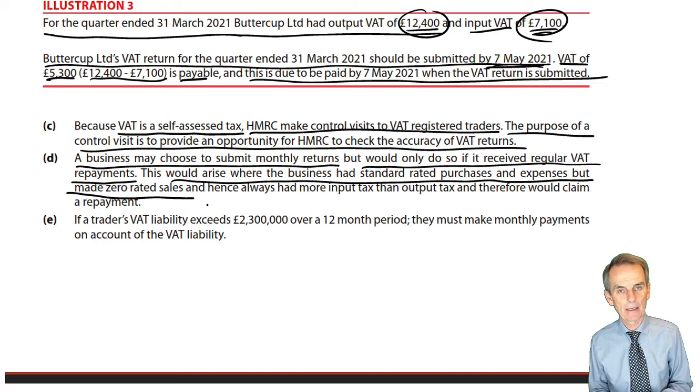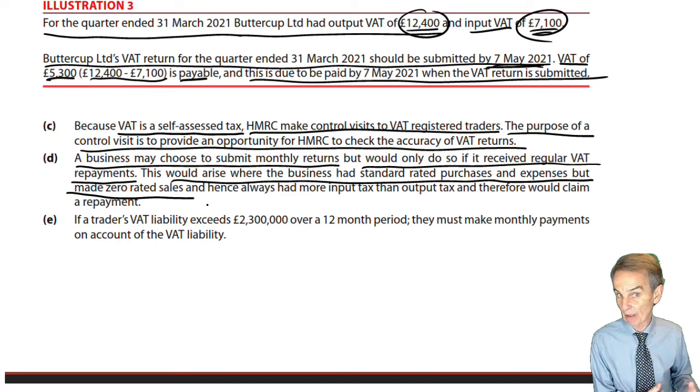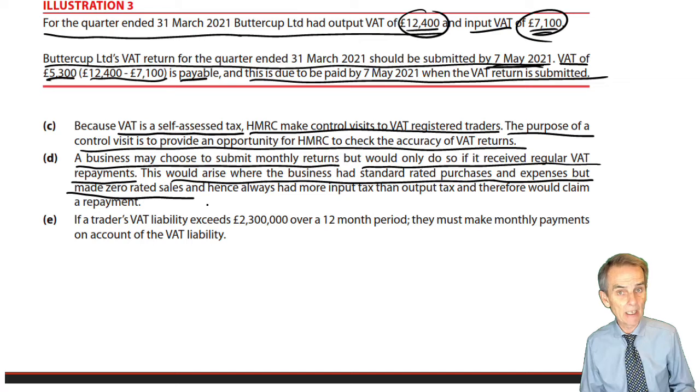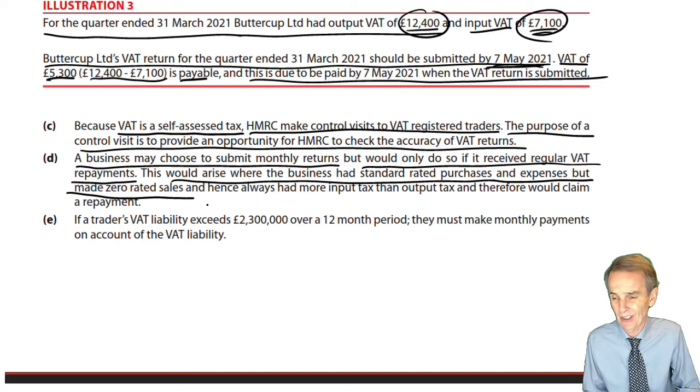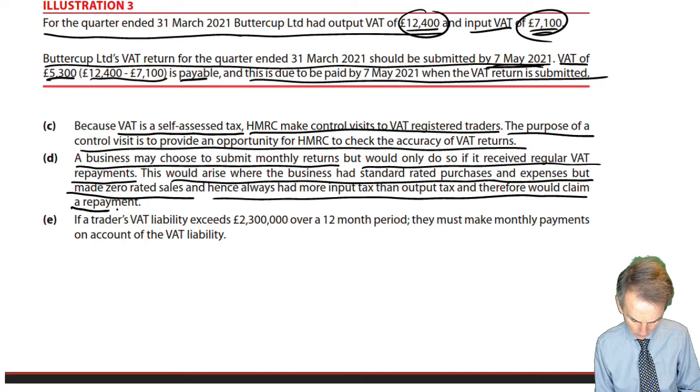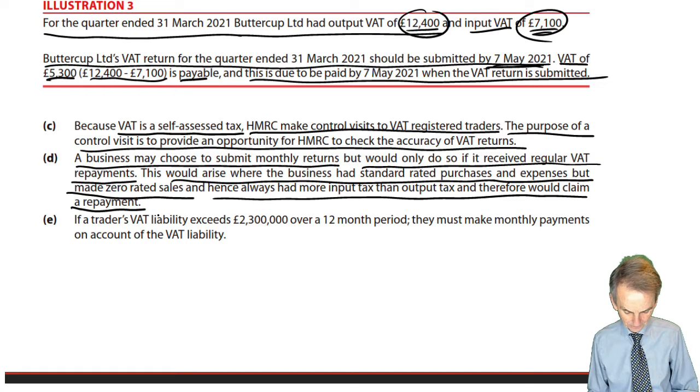If, however, we make taxable supplies, then we are able to register for VAT and we will be able to recover that which is recoverable, the input VAT. But if we are making 0 rated supplies, then there is no output tax. So in that lovely situation where there's no output tax and there is input tax and we get the money back, well, let's see if it's worthwhile. Let's do it on a monthly basis, and hence always have more input tax than output tax and therefore claim a repayment.